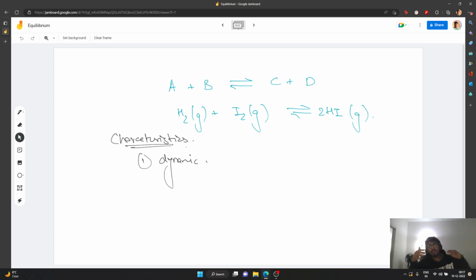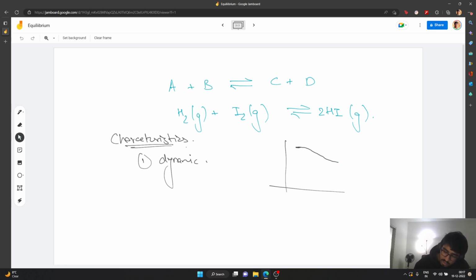Initially, there's a lot of H2 and I2 forming HI. So at this point, the rate of H2 and I2 forming HI is high at the initial time, and then after some time it reduces. On the other hand, the rate of HI breaking increases. There is no HI in the start, so let's make it 0.